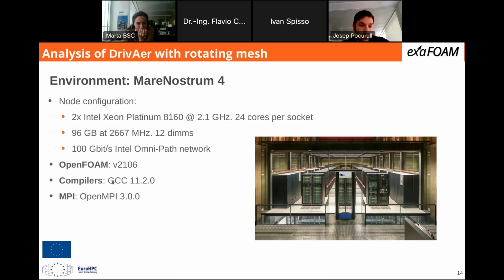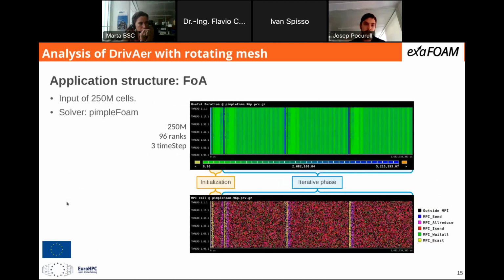Here is the compiler that we use, GCC, and OpenMPI for MPI. As Marta said, we first did the focus of analysis, and for the execution, we used an input of 250 million cells, and we used the pimpleFoam solver.